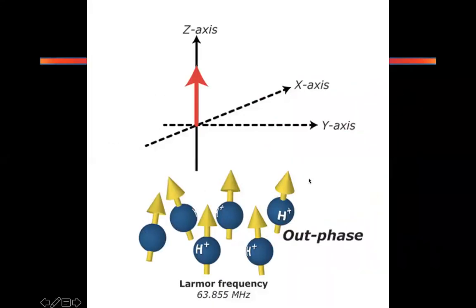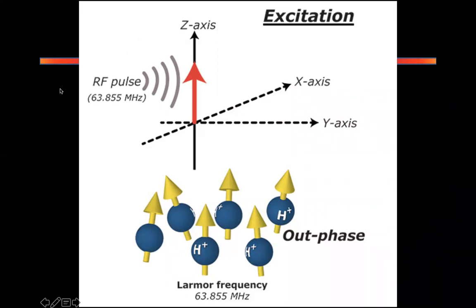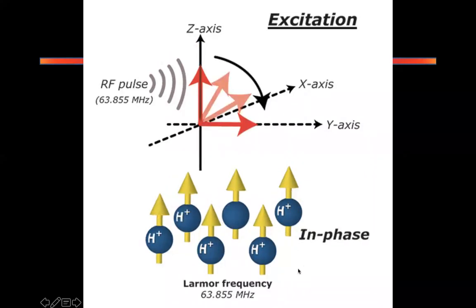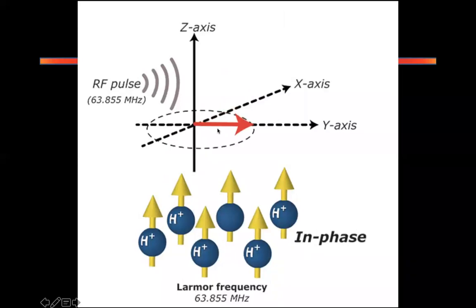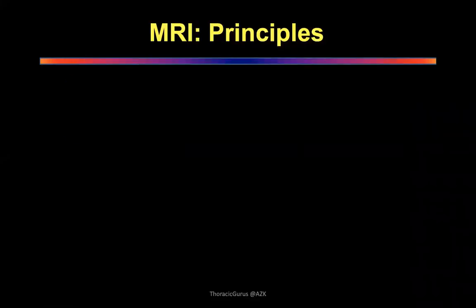So look at it, these are all out of phase. They're all moving at their own sweet time in life. And the moment you apply an RF pulse or a magnet, then they all, the out of phase, go in phase. And the moment they go in phase, the alignment is changed in this axis. And it is this change in alignment that is picked up by the machine, and that gets calculated and changed into an image.